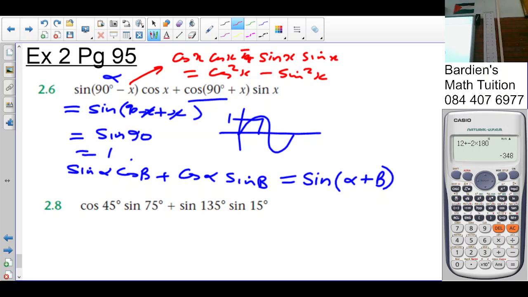Oh yes, cos. So we could have used the cos rule. So it will become cos x plus x, which is cos 2x. But cos 2x is not 1.